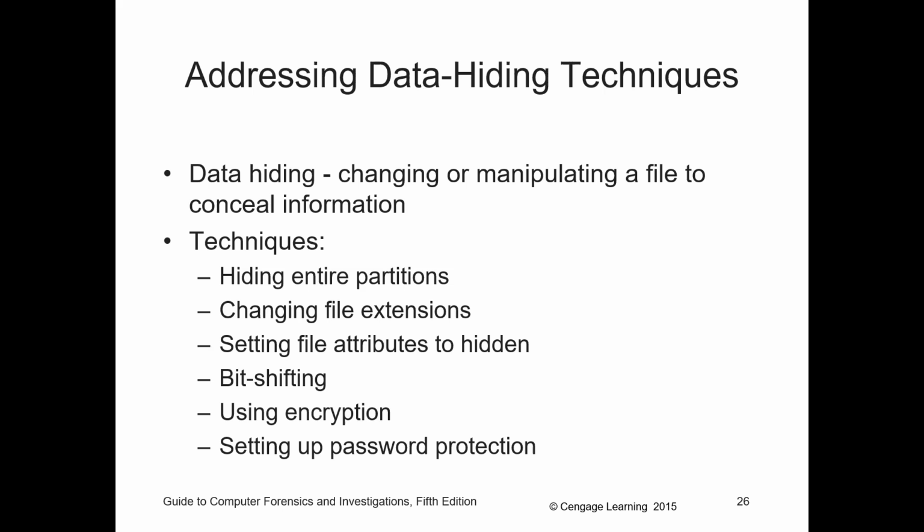1, we have hiding the entire partition. You can choose to hide the entire drive, whether it is CD, the entire hard disk. That is one of the options that you can have. 2, you can decide to change our file extension.